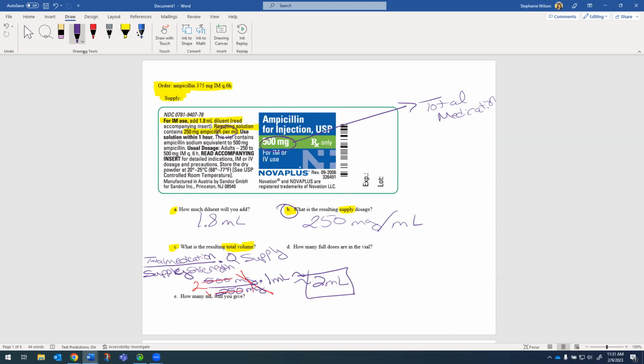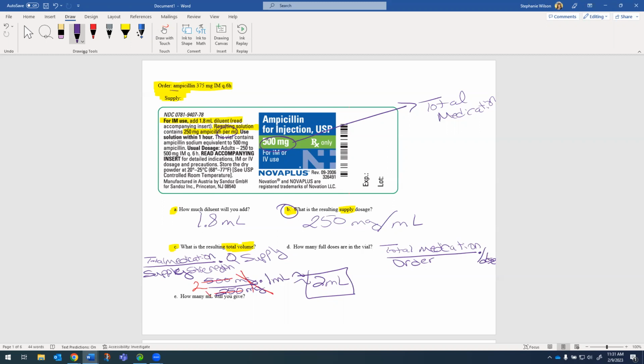Now we want to know how many full doses are in this vial, the supply. So we're going to take the formula of total medication, and we're going to divide it by the order. And we're going to multiply it by 1 dose.